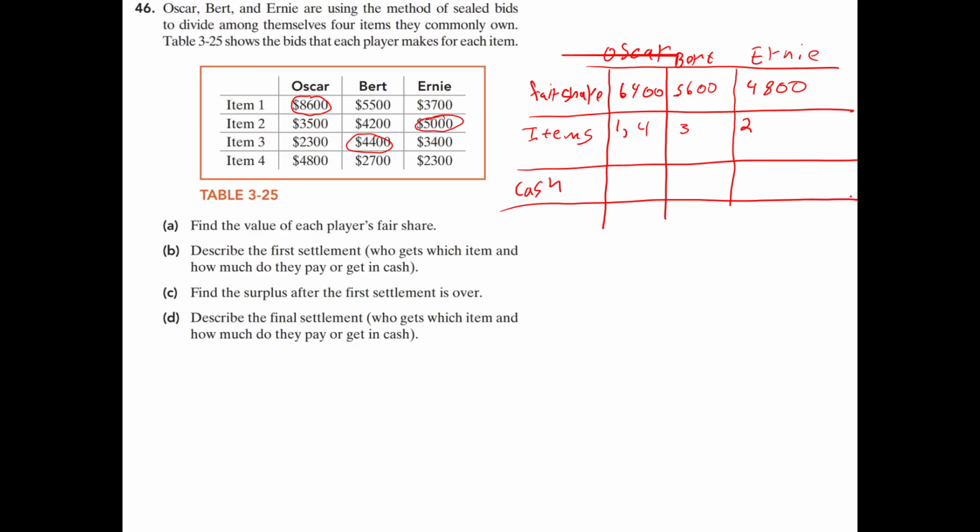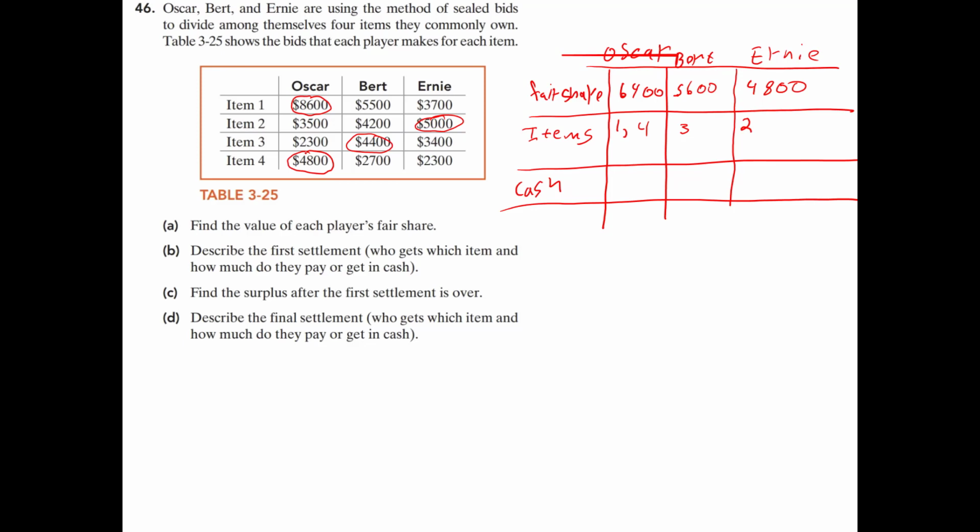Okay. So Oscar thinks his fair share is 6,400, but Oscar gets the $8,600 item and the $4,800 item. That's what they're worth to him. So when you take the 8,600 and you add the 4,800, you get 13,400, right?